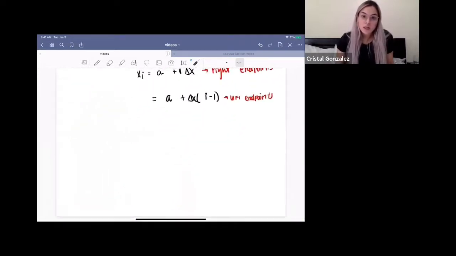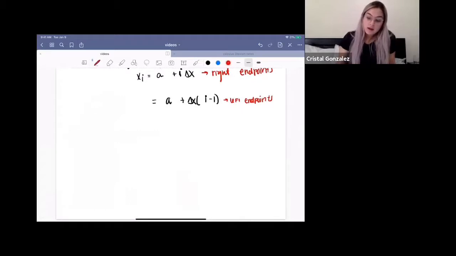And so we can generalize this and say that our right endpoints can be written as R of n. And remember that n is the size of how many rectangles you want.